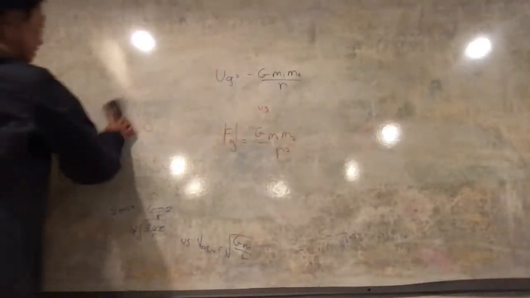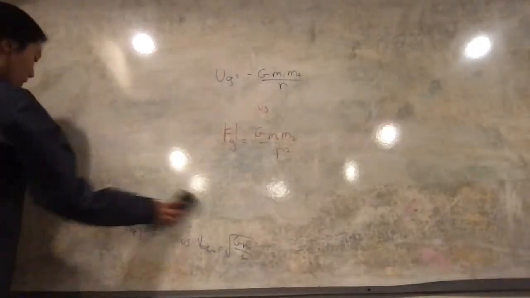And now for problems that are asking for the total mechanical energy, you just do K plus UG. So 1/2 m v orbit squared plus negative G M m over r.